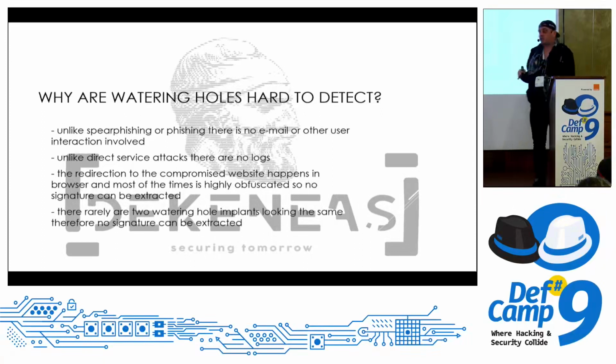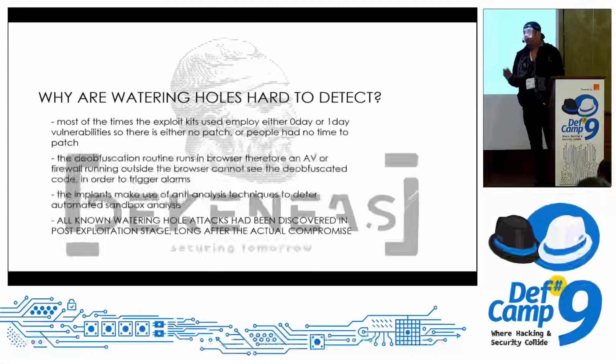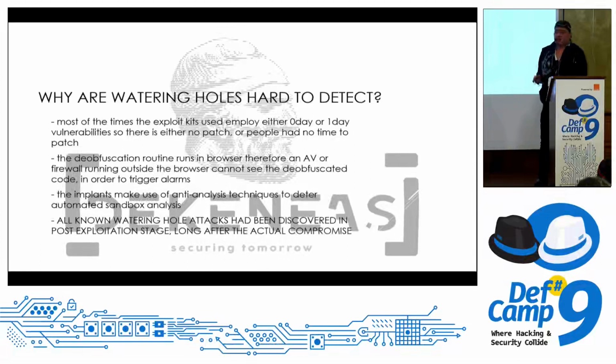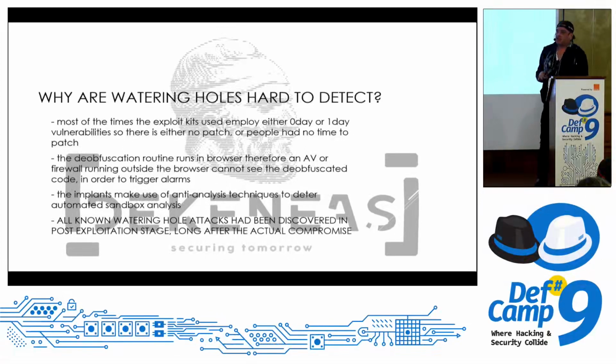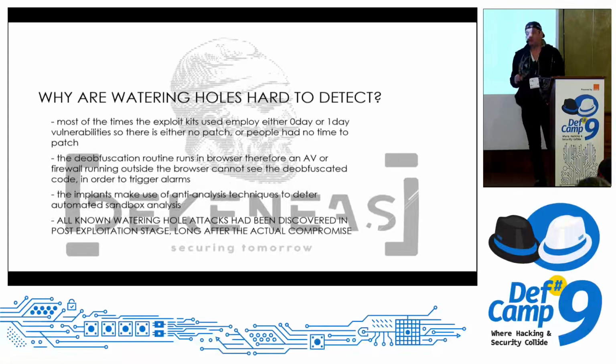Also, it is very important to state that there rarely are two watering hole implants looking the same. Therefore, no signature can be extracted again. These types of attacks are very targeted. They are tailored to a certain group of people, to a certain website. I have never seen two watering hole attacks looking the same.